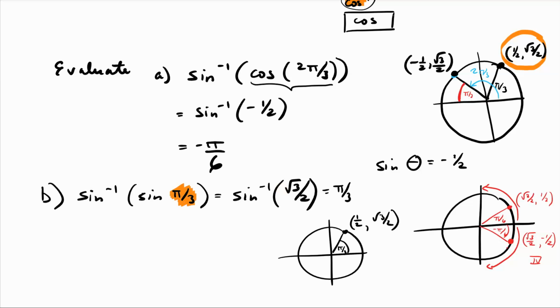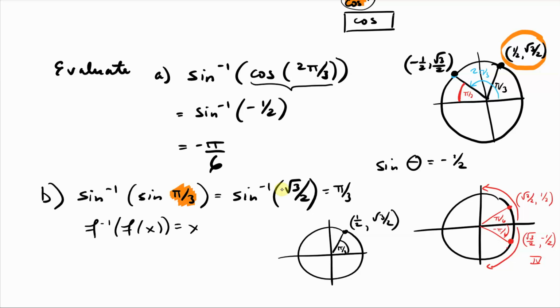That's because pi over 3 was initially in the domain of a restricted sine function, which is the range of the inverse sine function. Remember, from minus pi over 2 to pi over 2. So whenever you have an angle in that range, if you do sine inverse of sine, it's going to give you back the number you had initially. So this is like doing f inverse of f of x, we get back x.